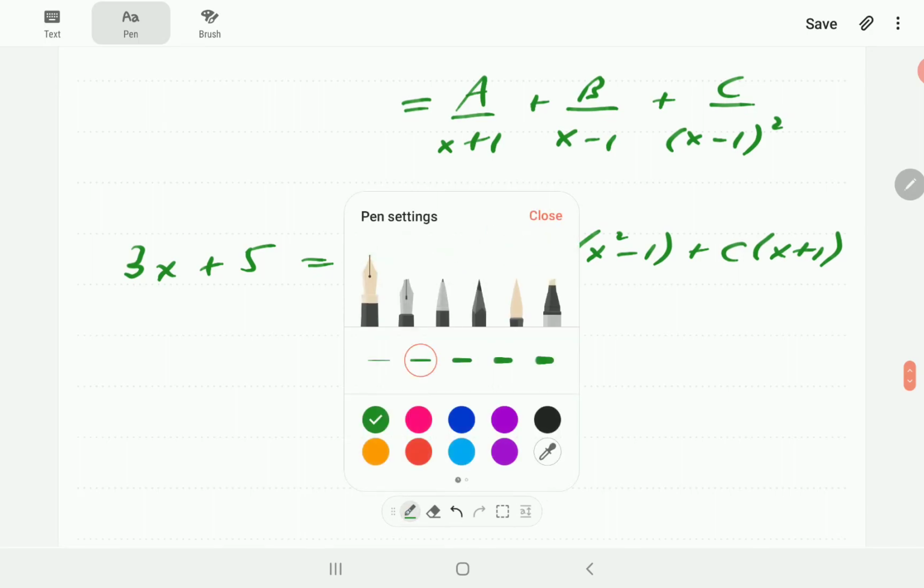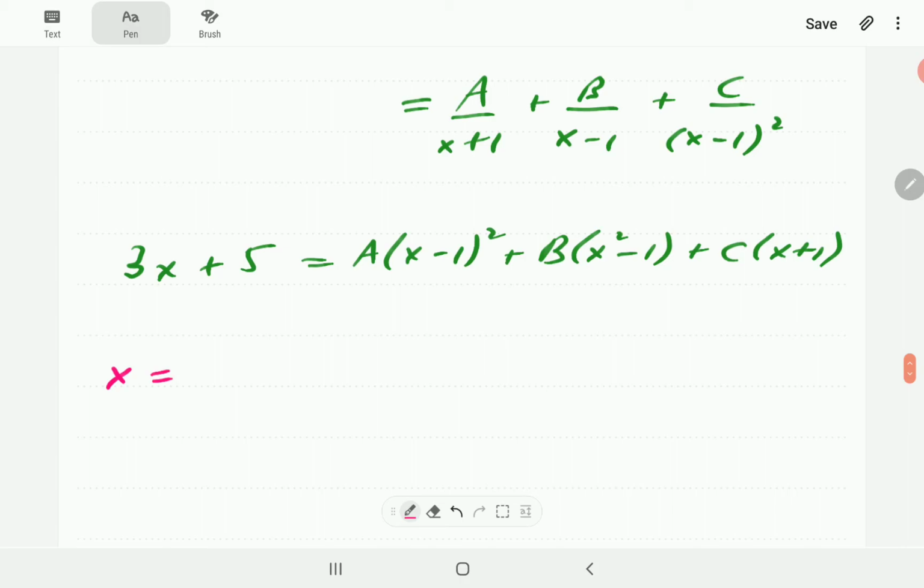Then if we plug in the respective roots, if we plug in x is 1, the left hand side is going to be 8, the right hand side is going to be 2c, because these two are going to vanish. So that tells us that c is 4.